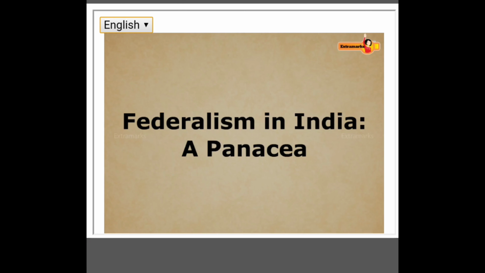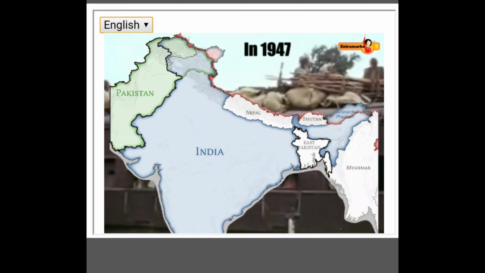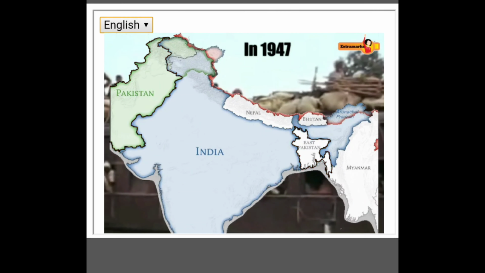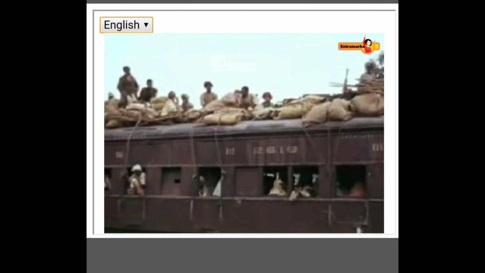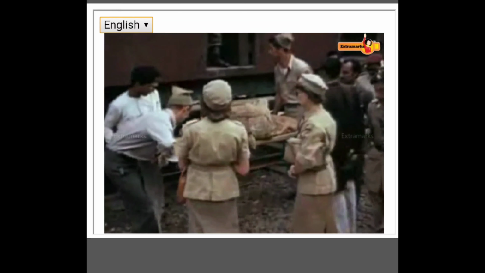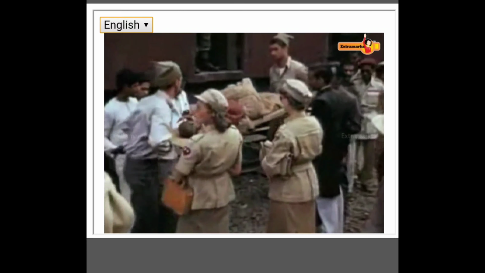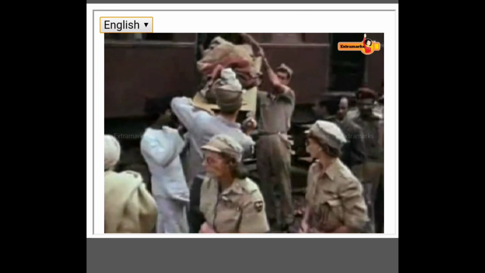Federalism in India, a panacea. India became independent in 1947. Achievement of independence in India witnessed terrible racial acrimony due to the partition of the country.